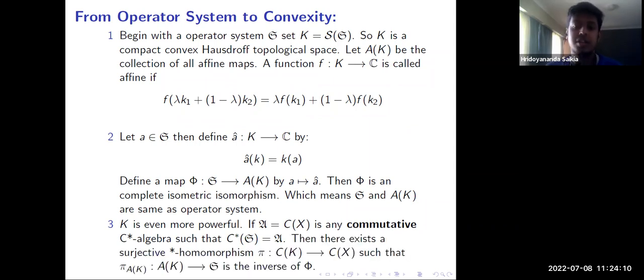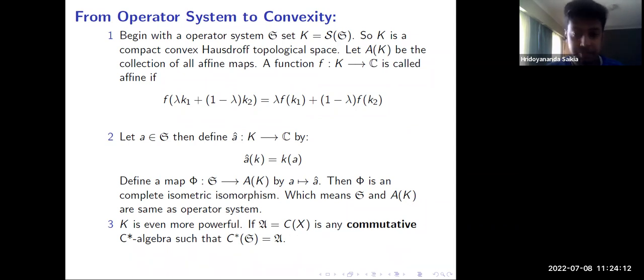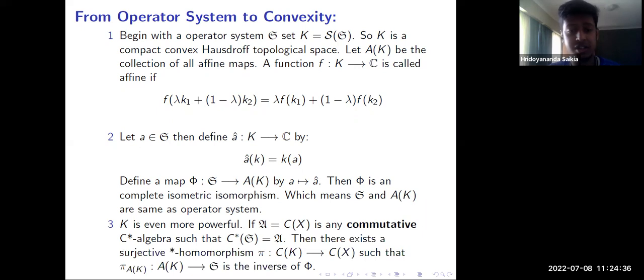All right. Suppose A is any C-star algebra which is commutative. Now we know that every commutative C-star algebra is of the form C(X). Now suppose S is an operator system contained in this C-star algebra C(X). Now again, I can construct some convex set K by this procedure.